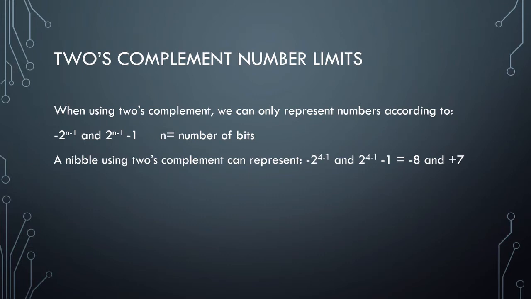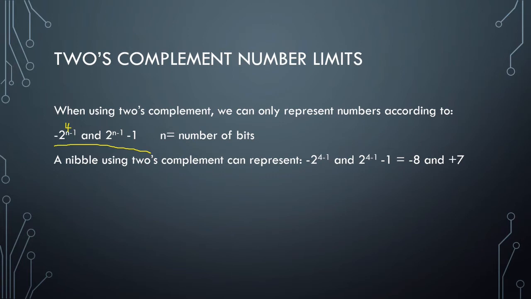And when we're using 2's complement, we can only represent numbers according to these equations right here. So the largest negative number that we can represent is 2 to the power of however many bits you're using, minus 1. We'll calculate that in a second.